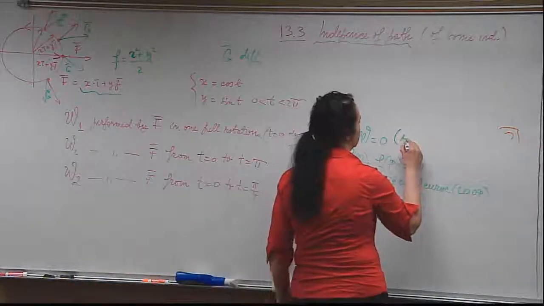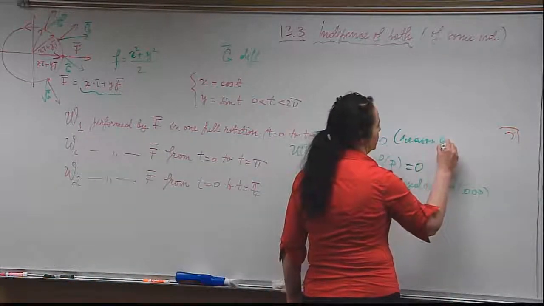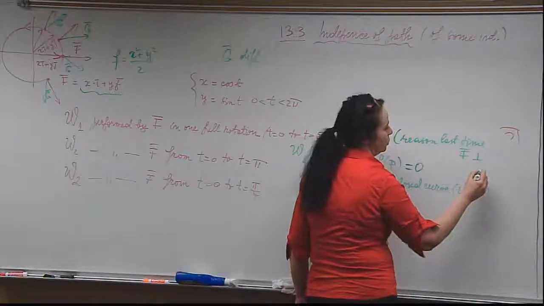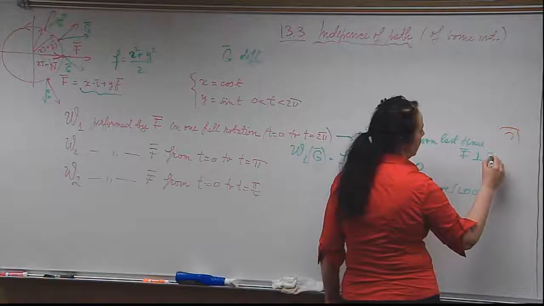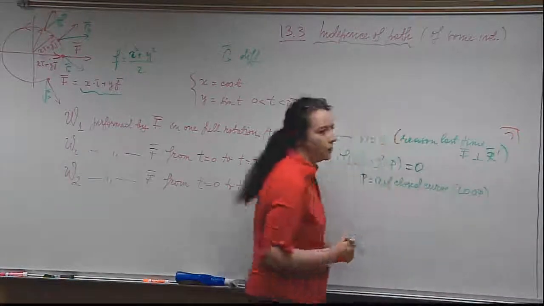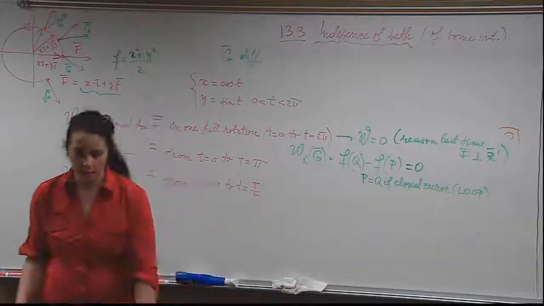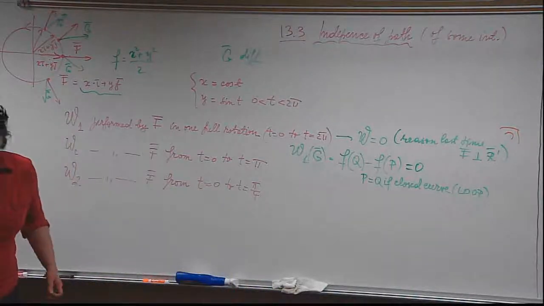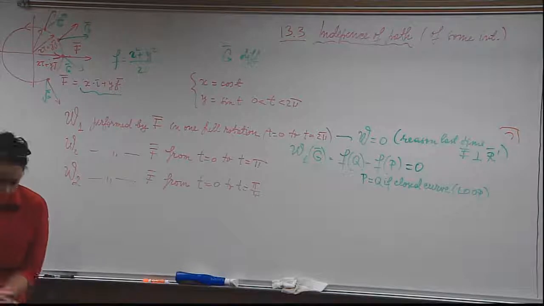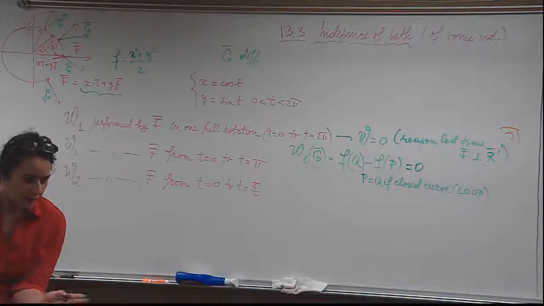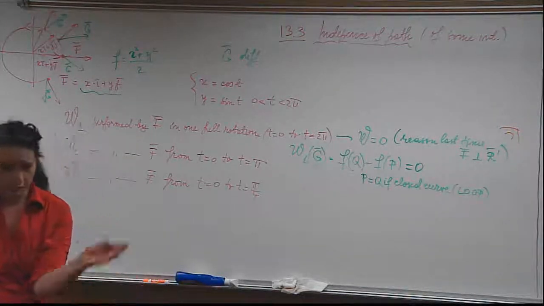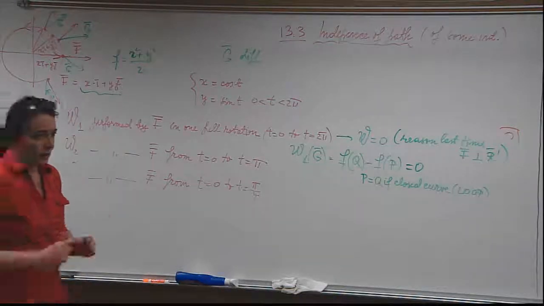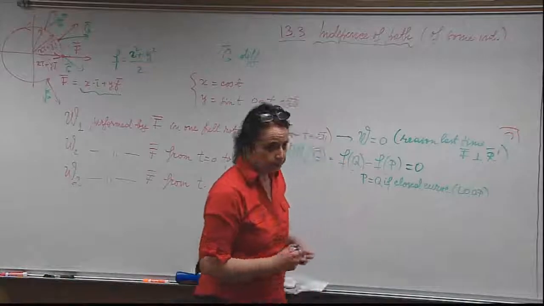The reason last time was F perpendicular to the R prime direction, R prime being the velocity vector. Look, when I'm moving in a circle, this is the force, and this is my velocity, the tangent to the circle, and the velocity and the normal are always perpendicular at every point. And that's why I have 0.